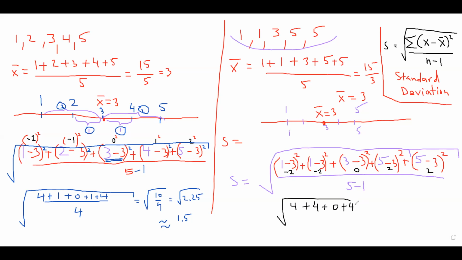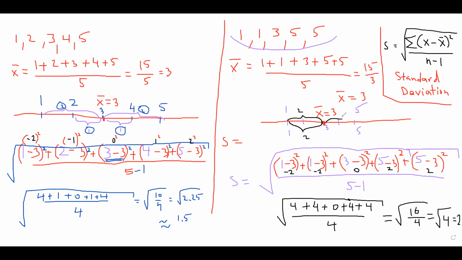So we got four 4s, and I divide the sum by 4 and end up with the square root of 16 over 4, which is just 4. When you say, oh, the square root of 4, I know what it is. It's the number 2.